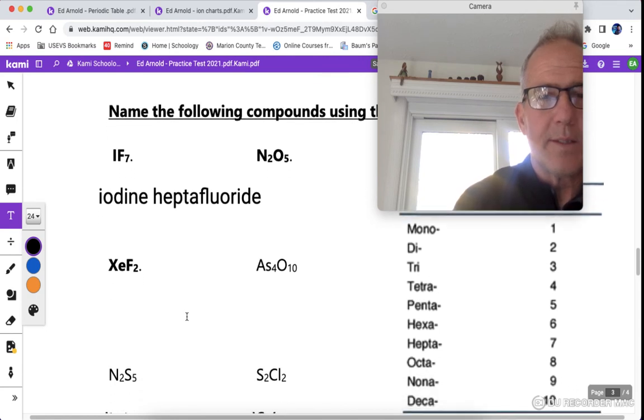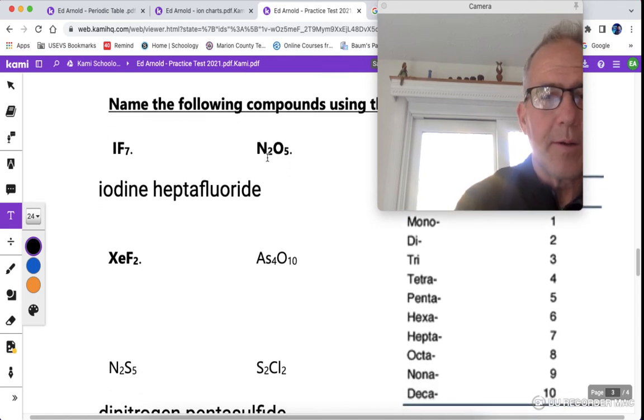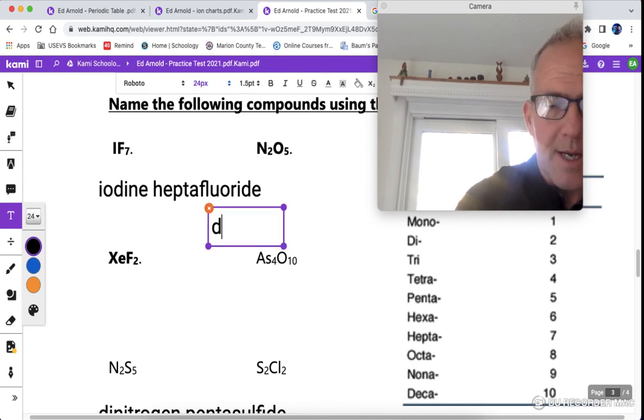Let's see. Well, I'm going to do this one right here. There are 2 nitrogens, so dinitrogen. And then pentaoxide. Now, let me do it the wrong way first.